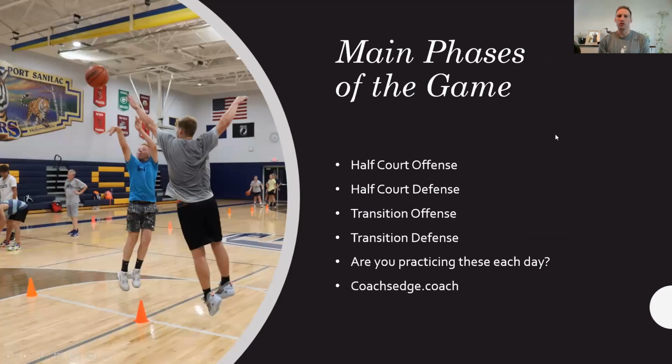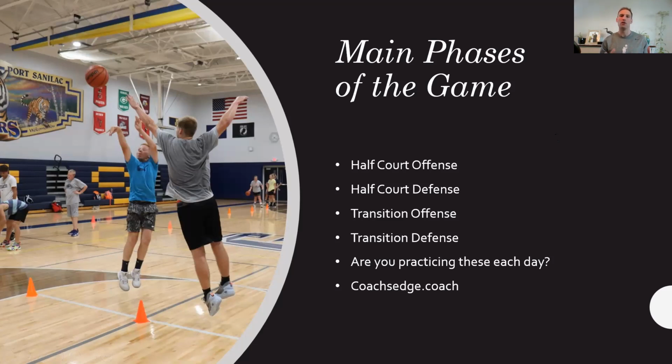When we think about what we're covering in practice, we really want to make sure we understand what the things are that happen in a game. We want to practice what happens most. I always say we want to strengthen our strengths, improve upon our weaknesses, and not have any liabilities. So what happens in a game? You're going to be in one of four areas: half-court offense, half-court defense, transition offense, or transition defense.